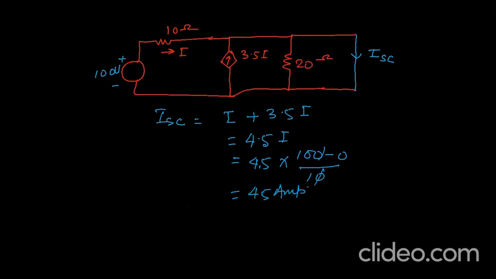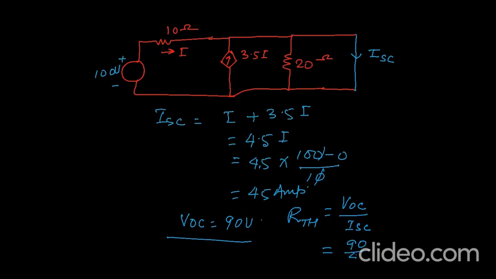And how much we have calculated? VOC. Our VOC was 90 volt. So R Thevenin will be equal to, it is nothing but it is VOC by ISC. And VOC already calculated 90 and it is 45, so it will be 2 ohm.